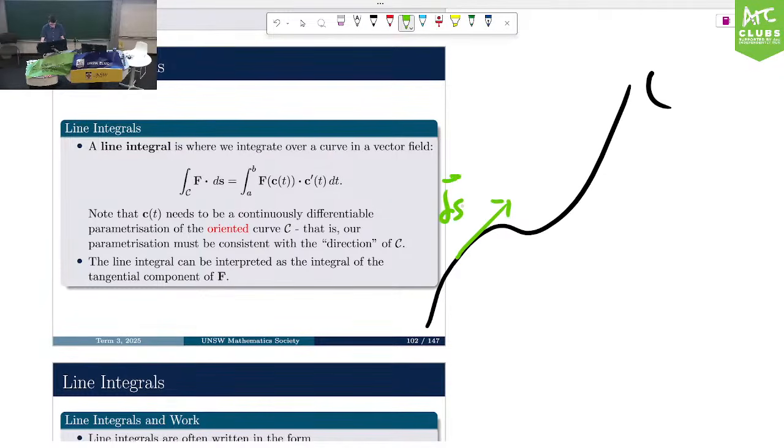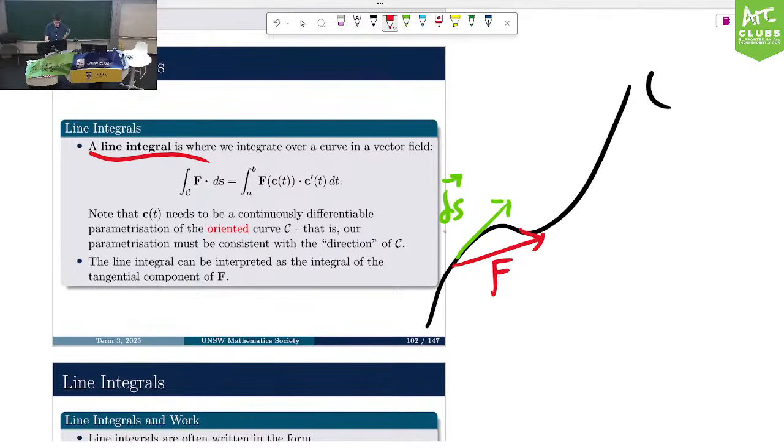And what we're doing is finding the dot product between that and our force. So effectively, what we're measuring is how close the force is to the direction of the curve, the work done across that little path. That's what we call a line integral.